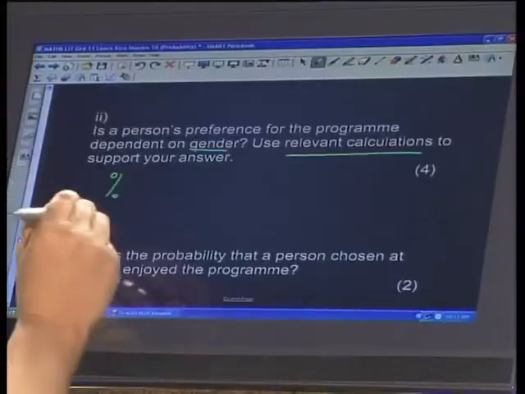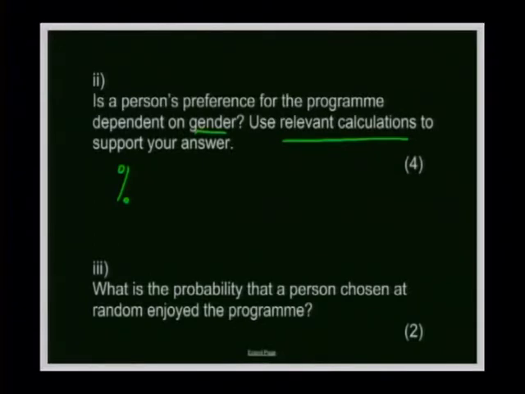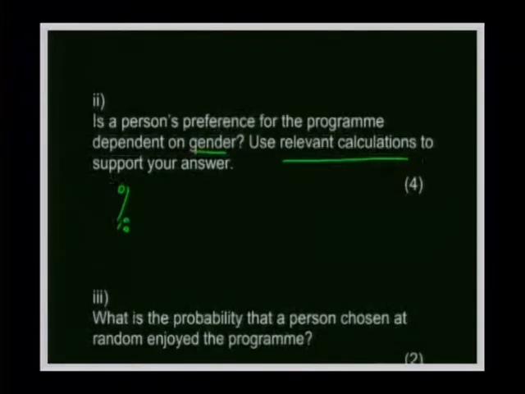Because if we need to compare two values, so we're going to basically compare the females to the males and look at a percentage, it's easier to compare, and then decide whether it was related to gender. So always use percentage. What is the probability that a person chosen at random enjoyed the program? Well, now you go up to your contingency table and use the values of they did enjoy the program and show all your calculations.